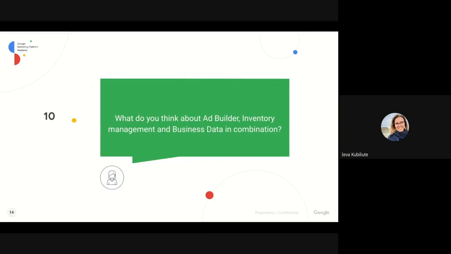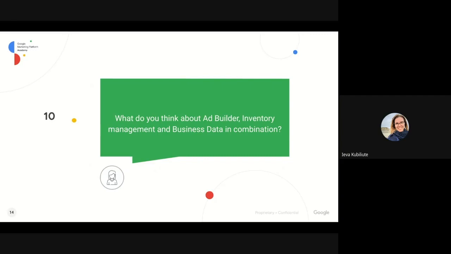So inventory management would help the best way. And business data are items you can apply within inventory management templates, so you can use that for better advanced reporting. If we would think about expanding accounts more horizontally, meaning that creating more ad copies, then probably it's a good combination to have Ad Builder and business data.